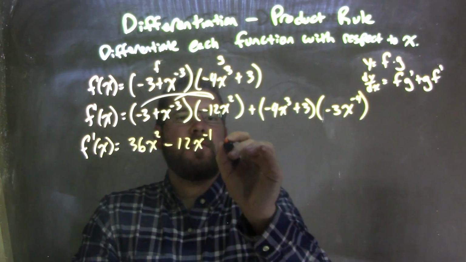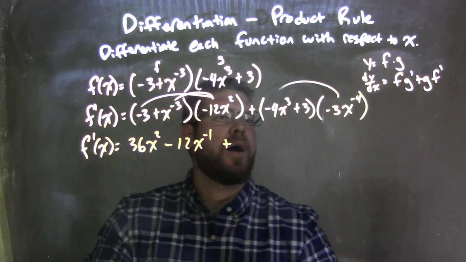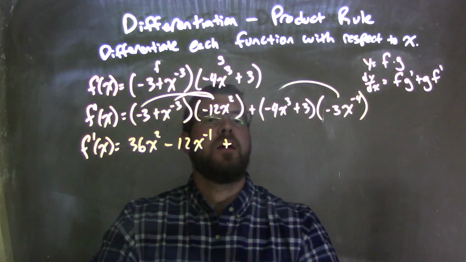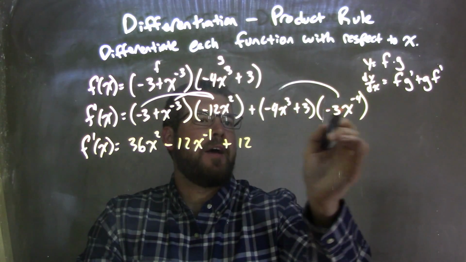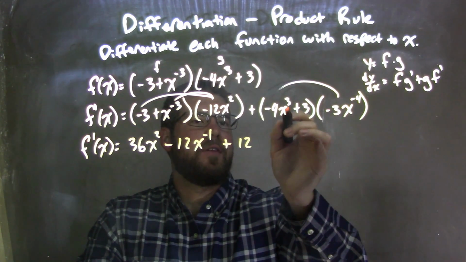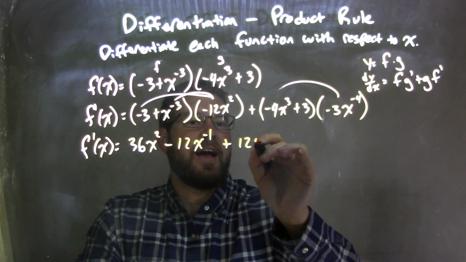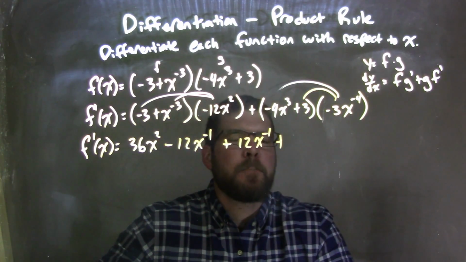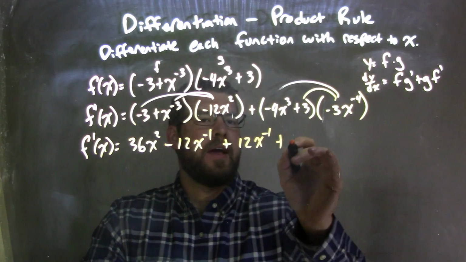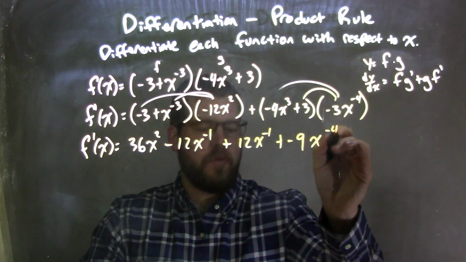Okay, plus, distribute the negative 3 across, or negative 3x to the negative 4. So we have negative 3 times negative 4 is a positive 12. And then we have x to the negative fourth times x to the positive third gives me x to the negative 1. Plus, distribute the negative 3 across again. Negative 3 times 3 is negative 9. And that's x to the negative fourth power.